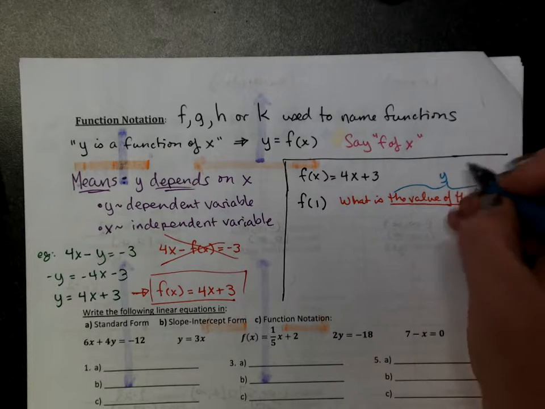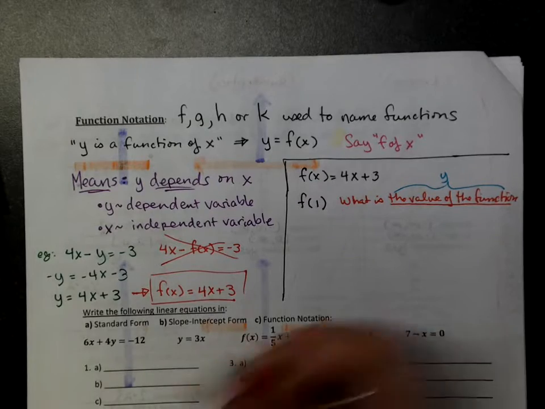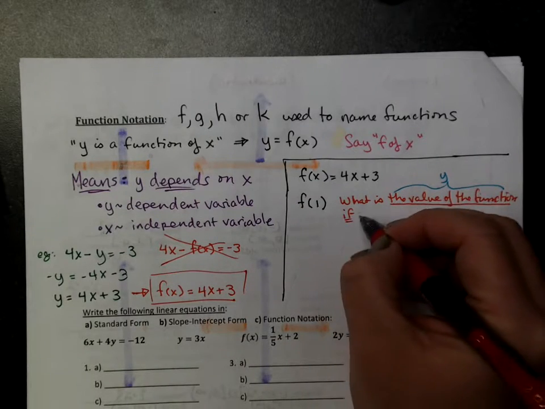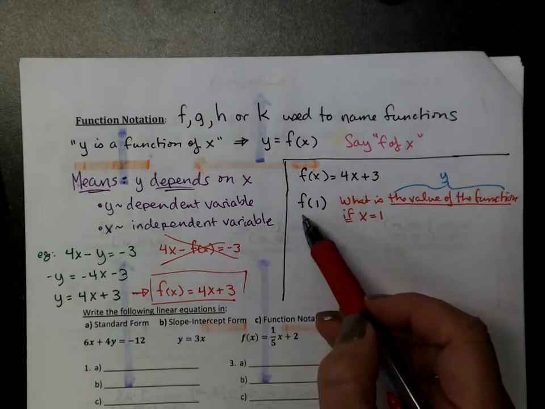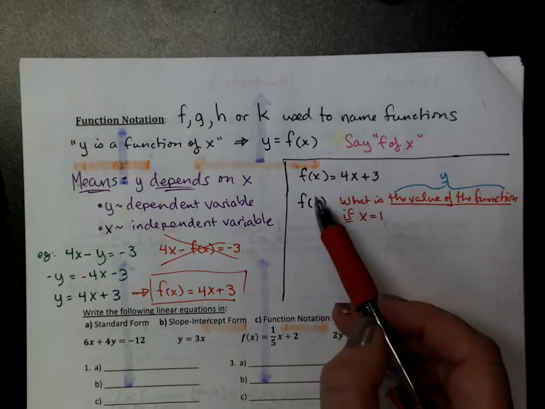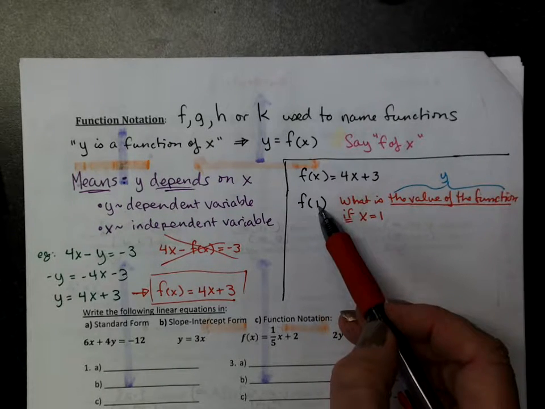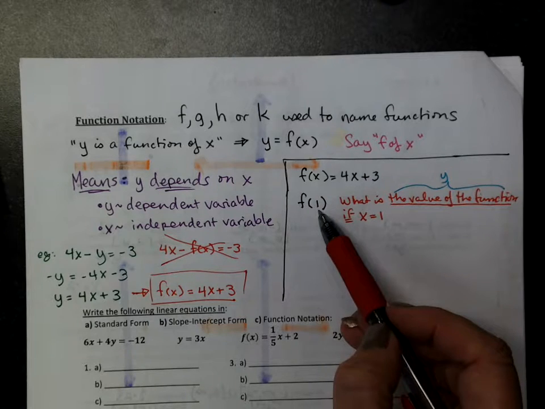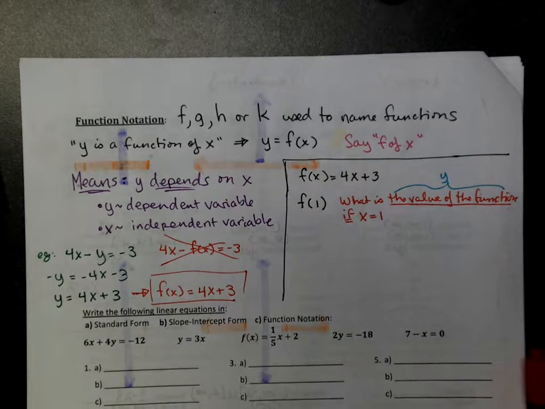What is the value of the function, which is y, if x equals 1? So f of 1 is like f of x in the general function. f of 1 is saying out of all those infinite points, when x is 1, what is y?